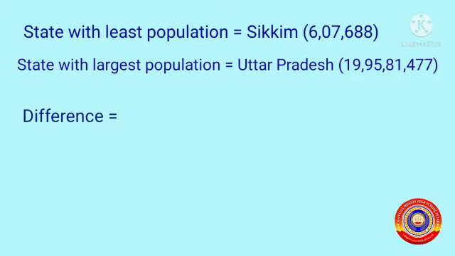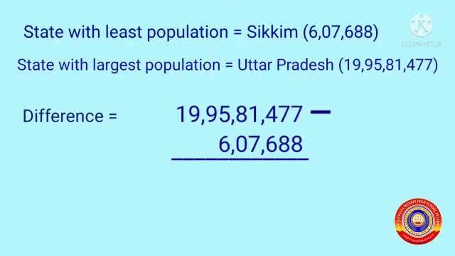Now we have to find the difference between them. That is, the difference is equal to 19 crore 95 lakh 81,477 minus 6 lakh 7,688. We have to subtract from the right side to the left side.